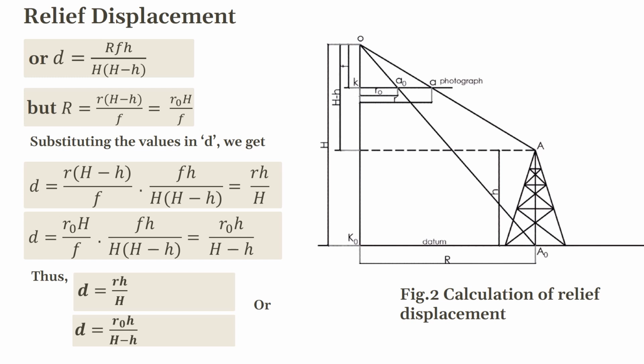And when we simplify all these, we will arrive at small d is equal to small r h by capital H, or small d is equal to R naught small h by capital H minus h.